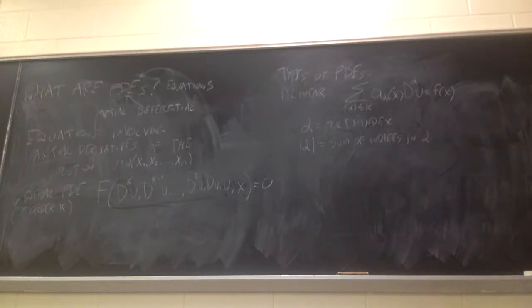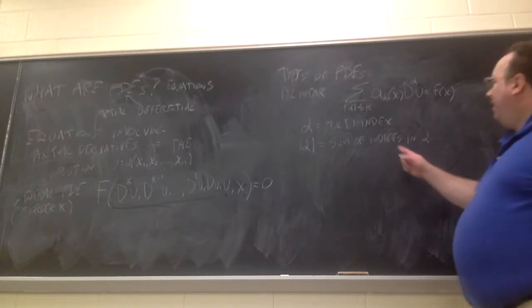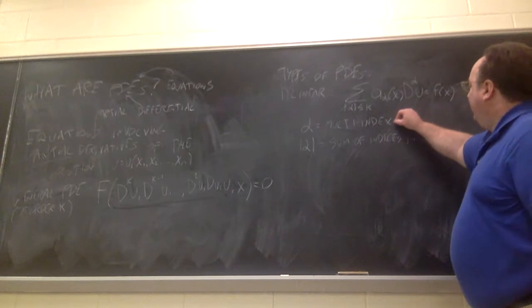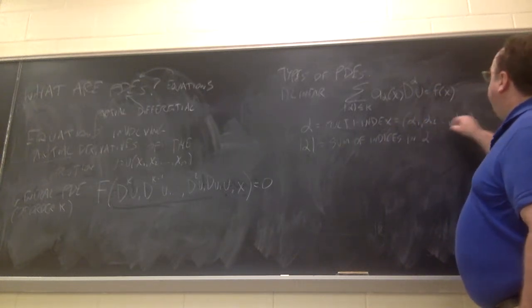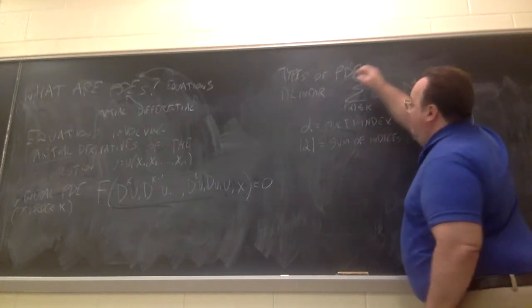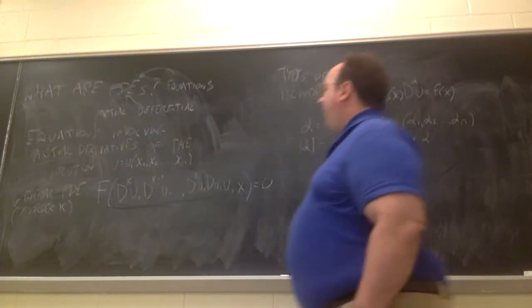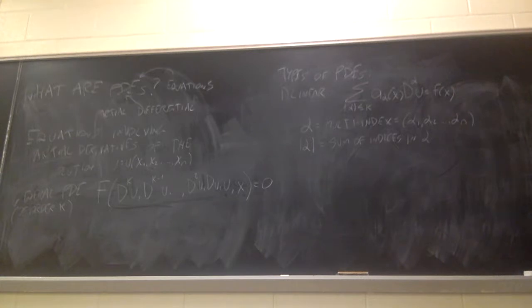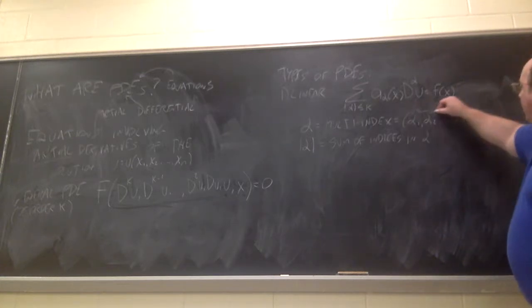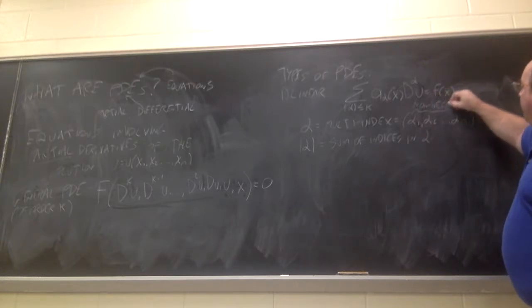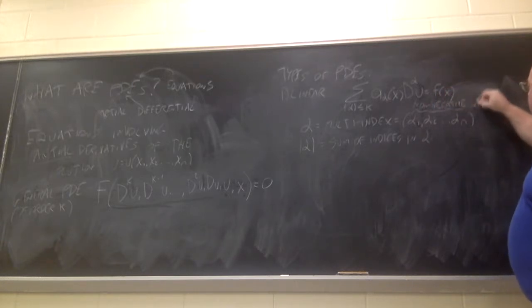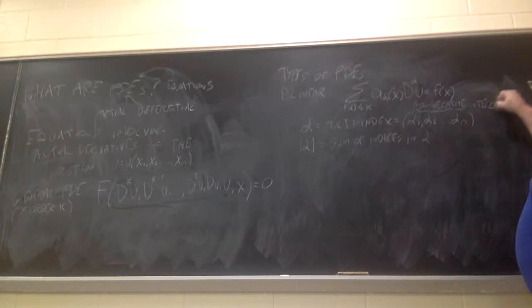So a multi-index has n values, where u is still a function of n variables. All of these indices have to be non-negative integers.